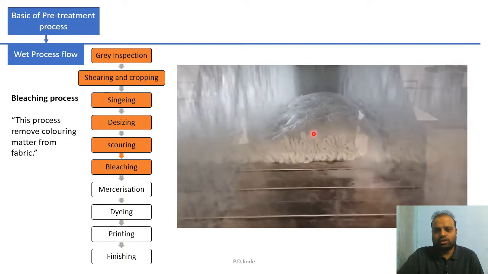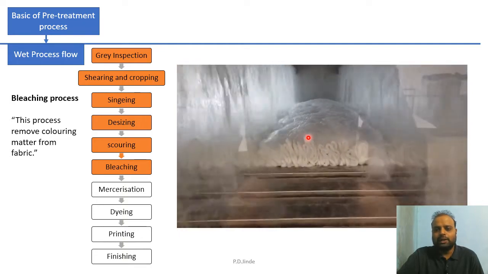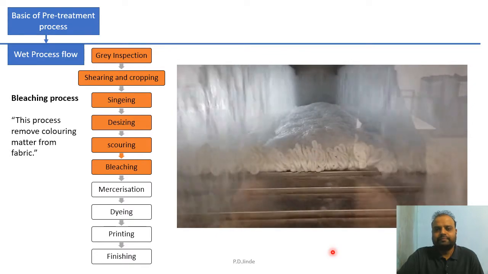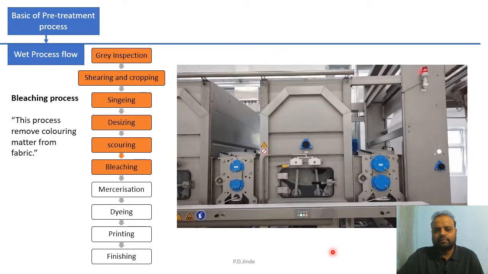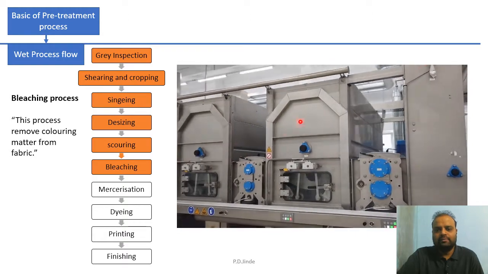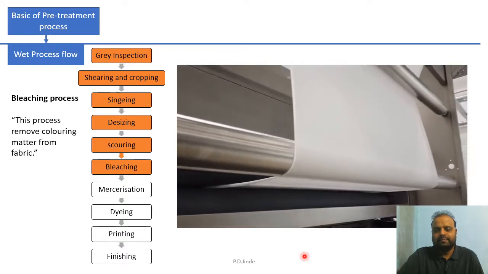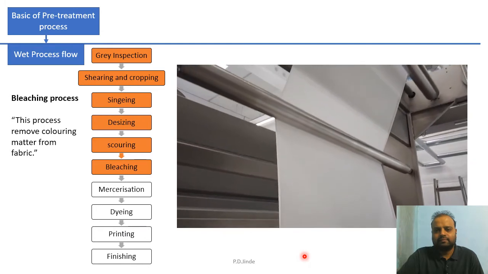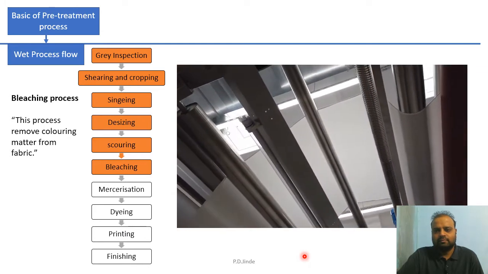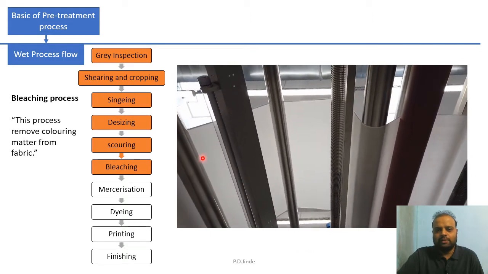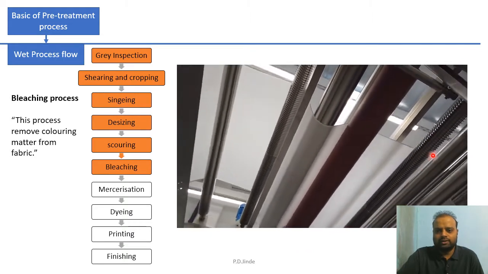Fabric is washed multiple times. Fabric is then dried. A dried bleached fabric is guided over the guide rollers.